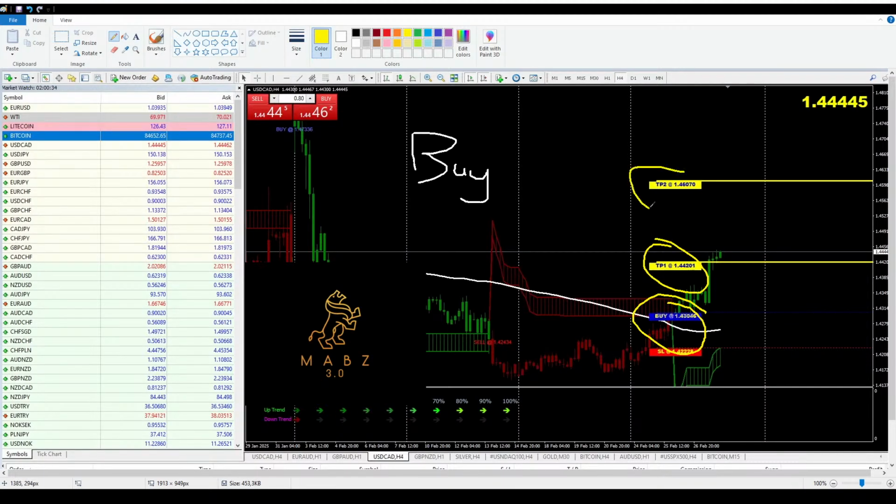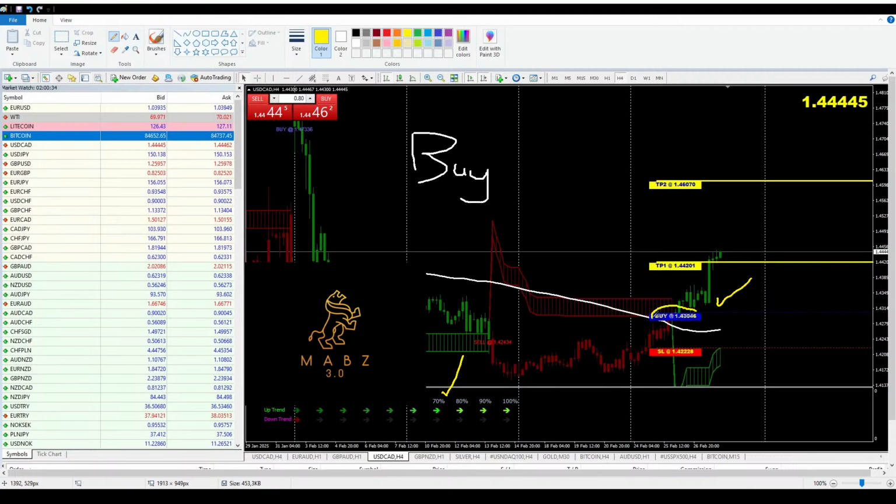If the indicator has shown us a buy trade, then we can actually trade those levels. As you can see, the market is above the 100 moving average, the volatility meter is above 70%, and now we can take the trade.